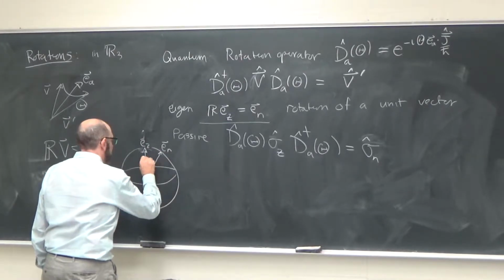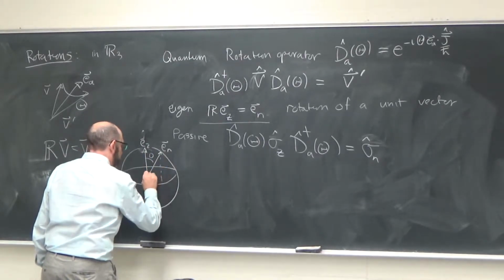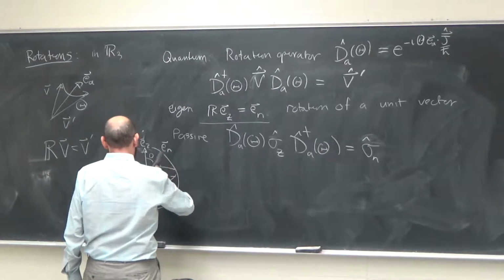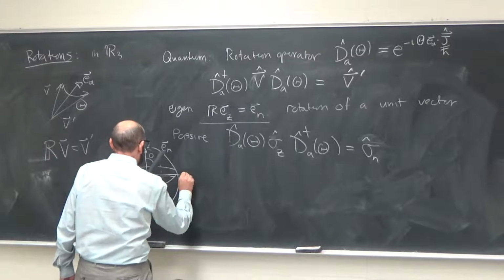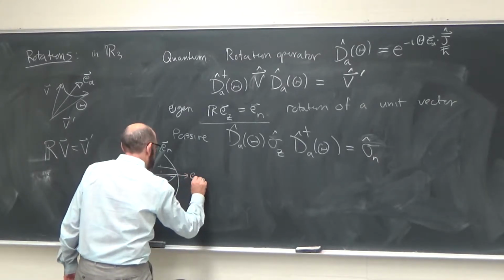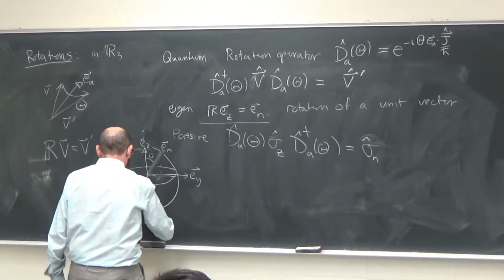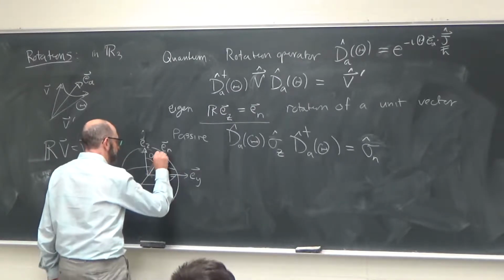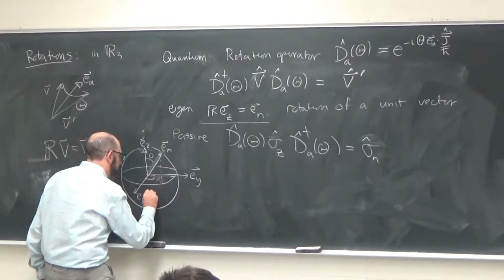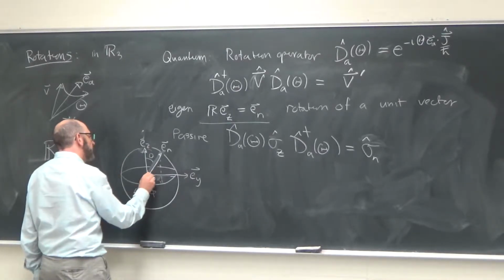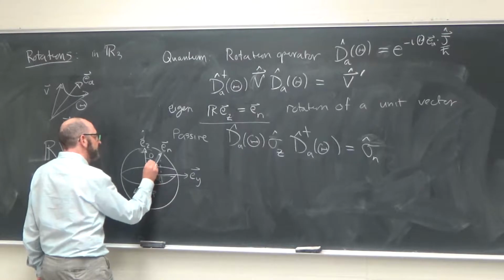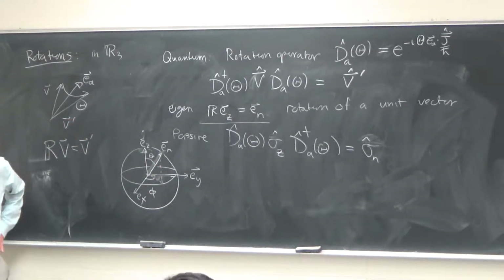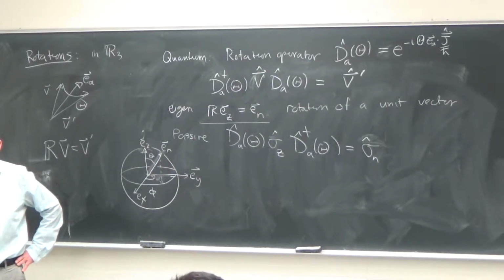This can be expressed in terms of, say, having some, here's the y-axis, here's the x-axis, this thing has some projection in the xy plane, it has an angle phi with respect to the x-axis, and angle theta with respect to the z-axis in the usual spherical polar coordinates, right?